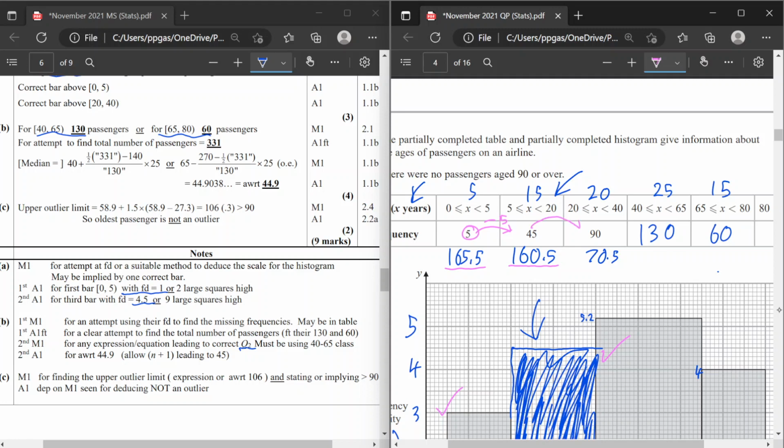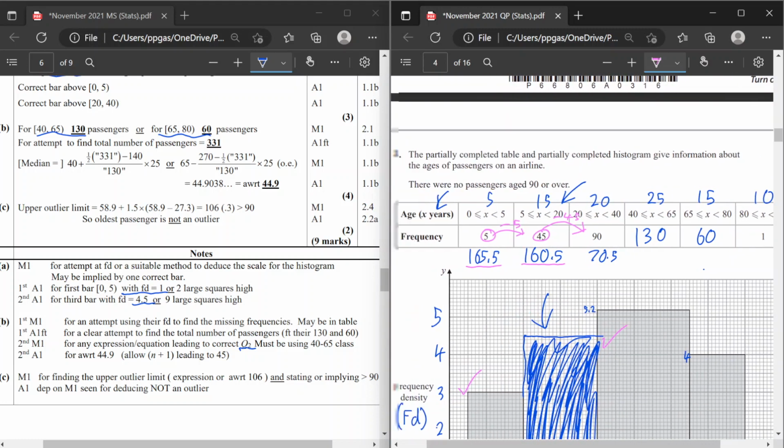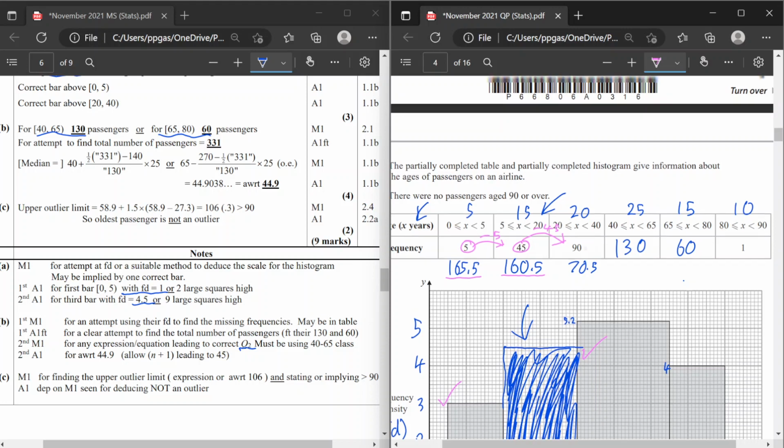Then you want to minus 45 again. Yeah, you want to minus 5, so that's how many people are in this group. And you're doing this to find which group, so which, what do you call it? Is it group frequency? Just group. So you want to find which group the middle person's in.